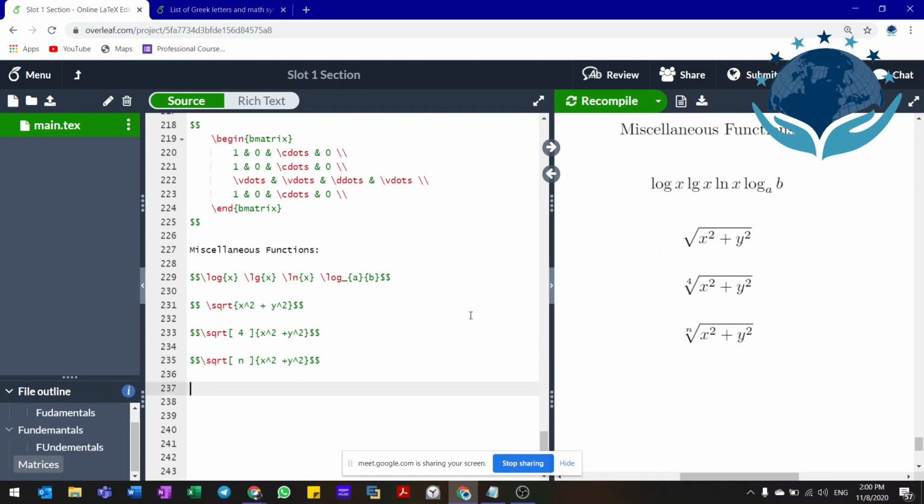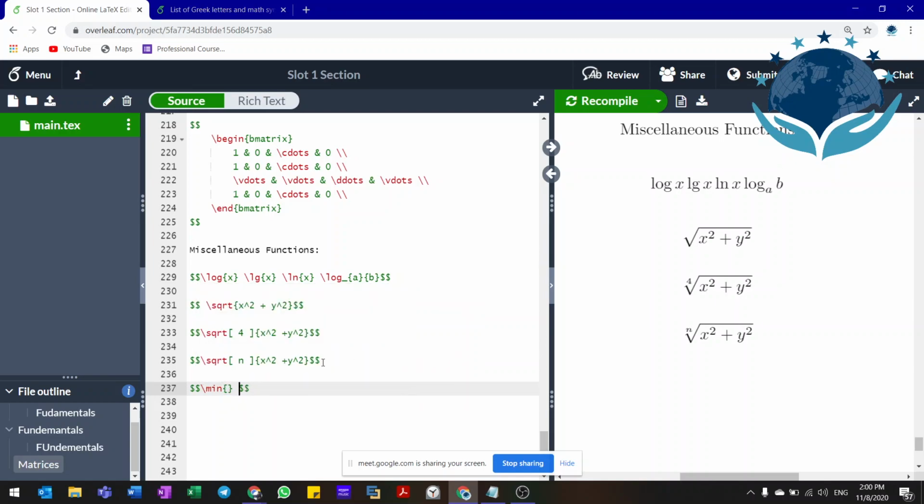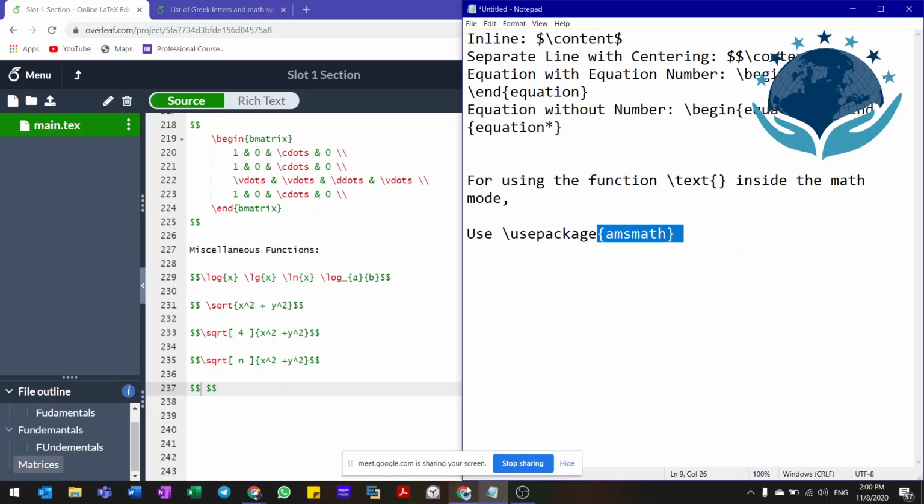To implement that, you can use slash min of. So what I'm saying is slash min of, let's say x belongs to. Now assume this is the problem that you have to display.